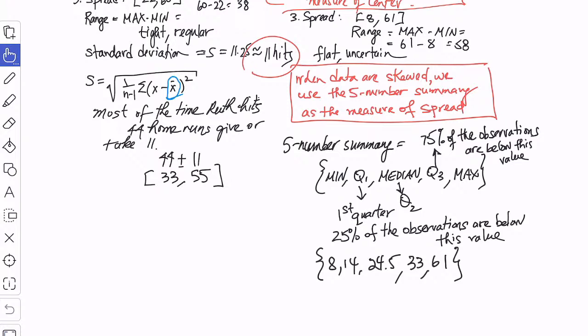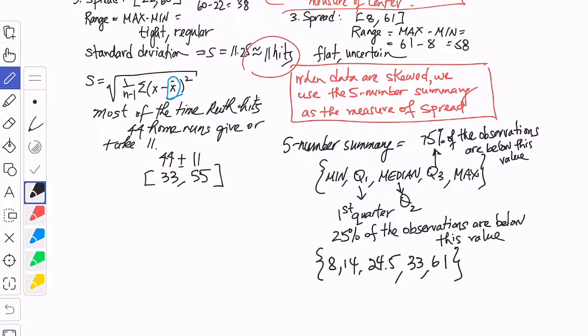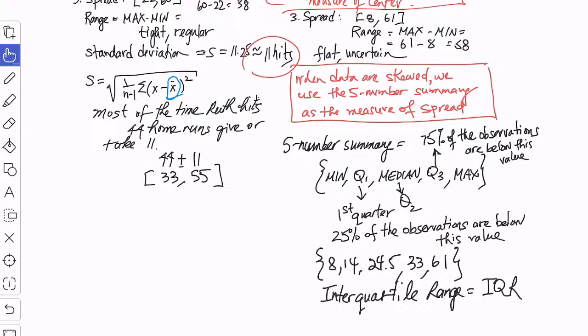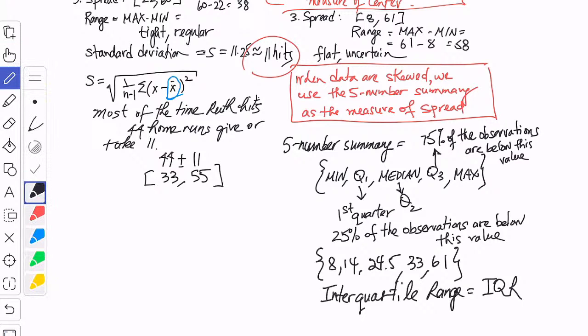So what's the other thing we do with the 5-number summary before I continue? We compute what's called the interquartile range. The interquartile range, or the IQR, is the range of the middle 50% of the observations.